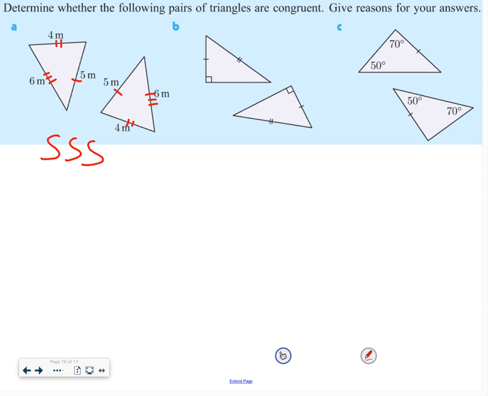In example B here, we have a right angle, we have a hypotenuse that is congruent, and then we have a side congruent to a side. So by RHS, right triangles, hypotenuse, side, we know those two triangles are congruent, even if they are rotated around.